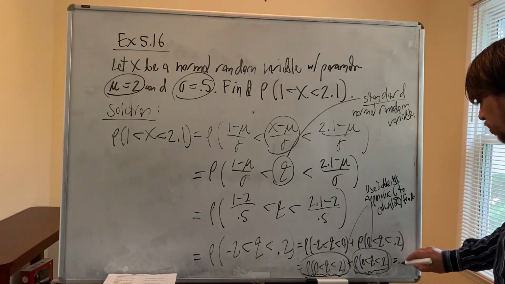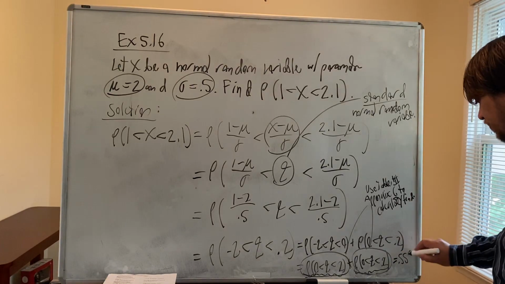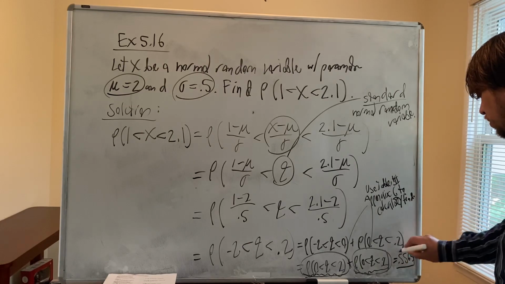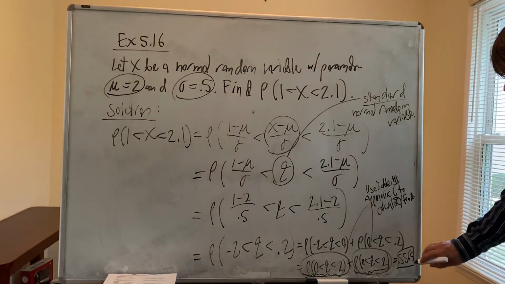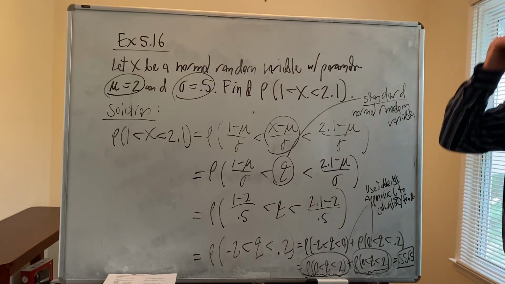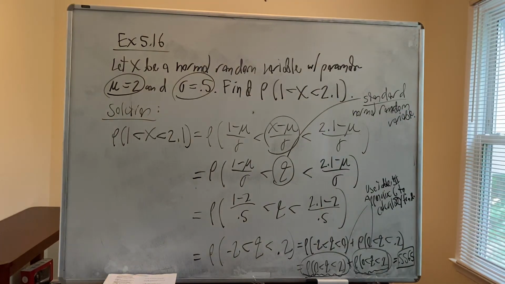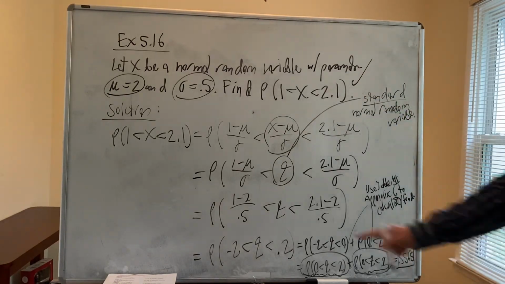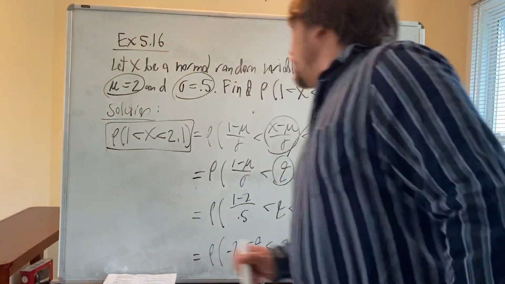The final answer is 0.5565. That's the probability that 1 is less than X less than 2.1. And so we did use the method on the previous board to find that probability. This probability is equal to that.